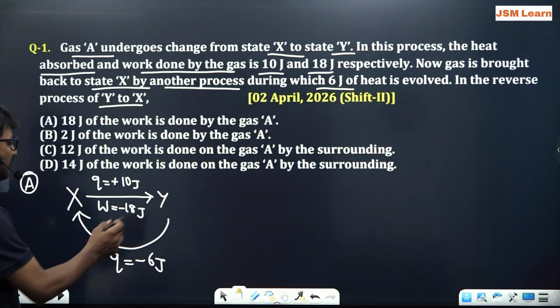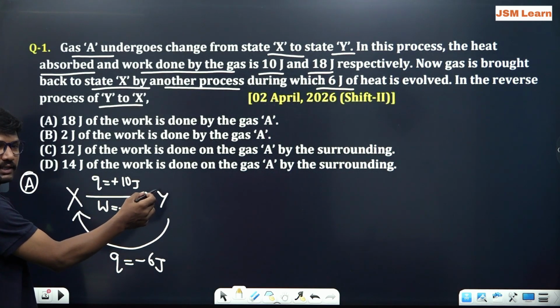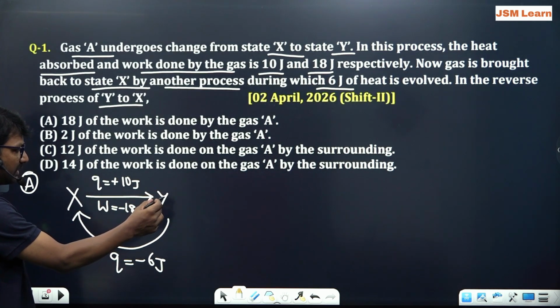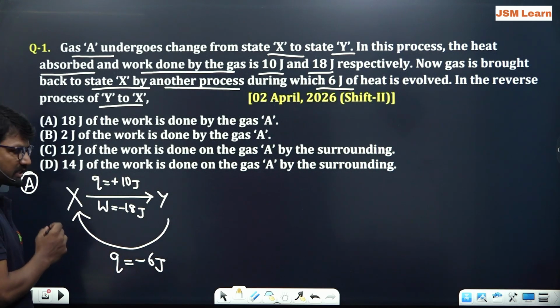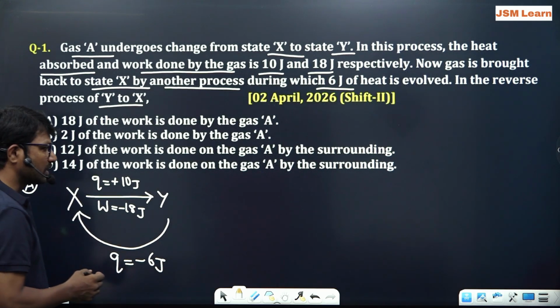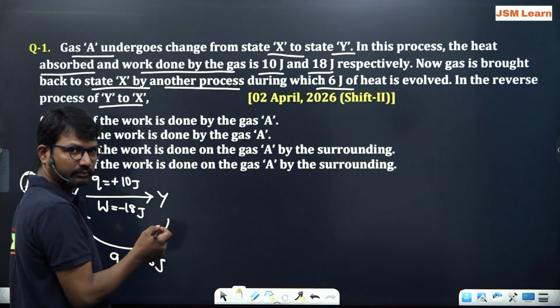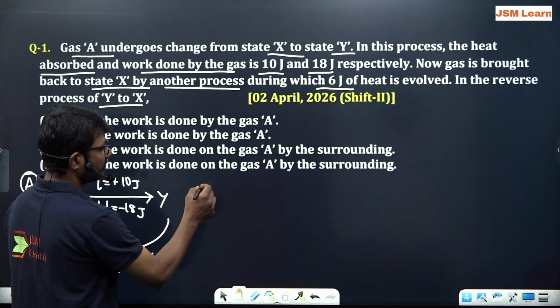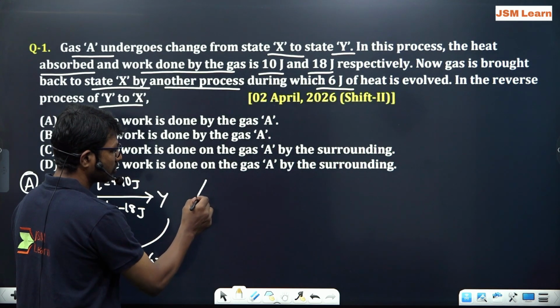So let us see. X is converting into Y in the first process. Again in the reverse process Y is converting back to X, which means a complete cyclic process. As we know, in a cyclic process any of the state functions will become 0.